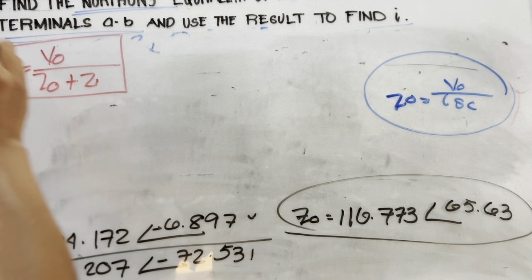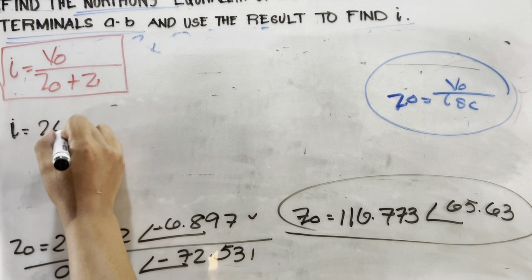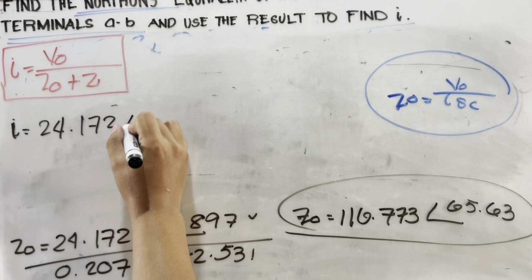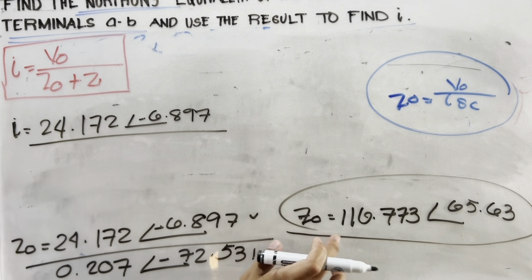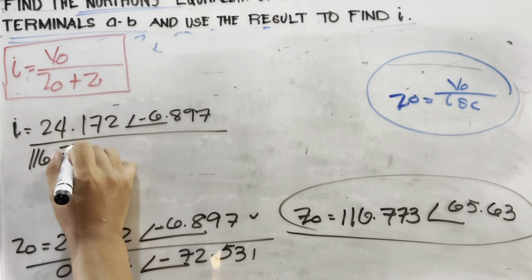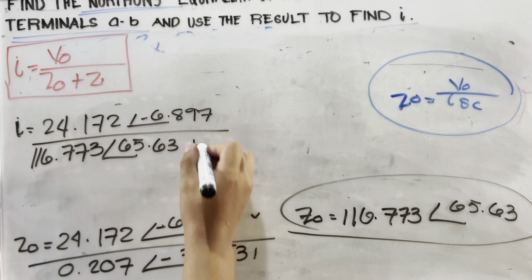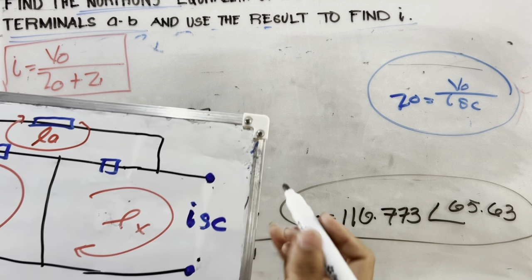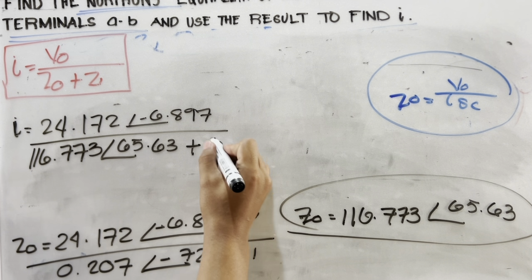So our I is equivalent to 24.172 angle of negative 6.897 all over ZO, which is 116.773 angle of 65.63, plus our Z1, which in our first drawing is 5 angle of 5, plus 5 angle of 5.